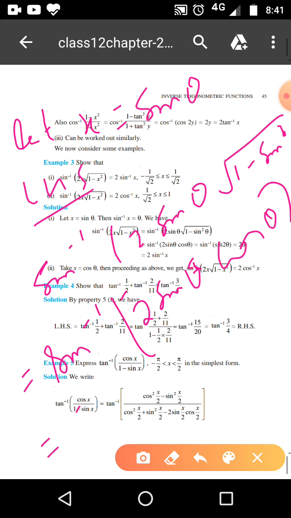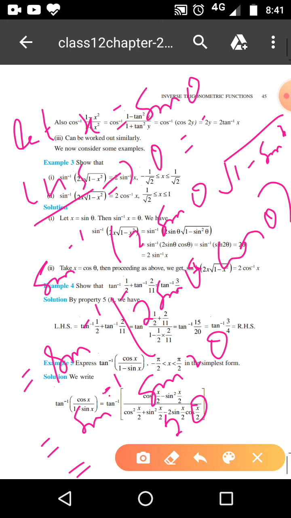So this is sin inverse of sin 2 theta, and hence this is 2 theta, and theta is sin inverse x. So this is 2 sin inverse x, and this is your RHS. This is also given in the solution, so please see. For the second part, similarly, take x is equal to cos theta and you will get the answer.